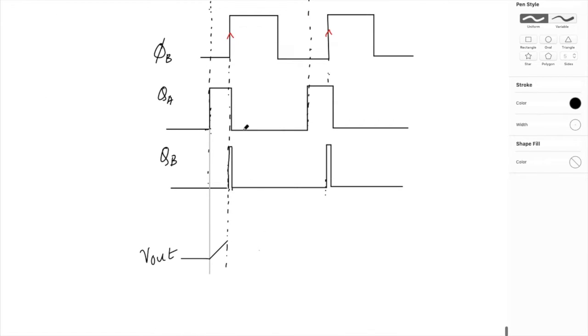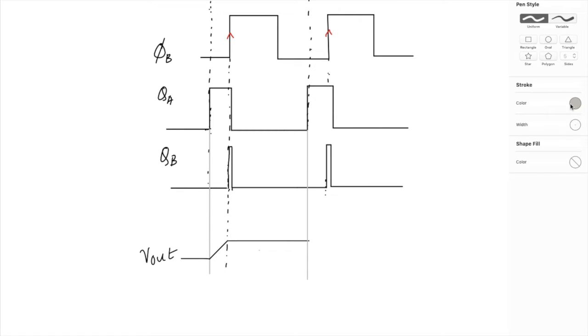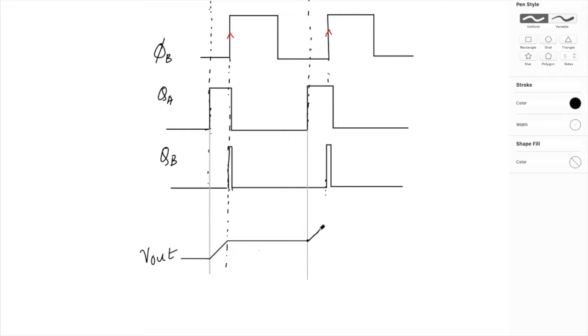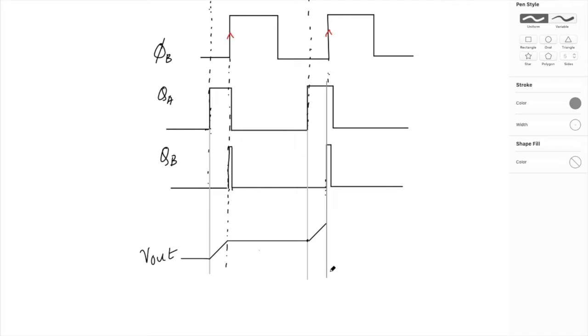Now once both of the switches are off, the charge is going to be maintained in the capacitor. Similarly, next time when QA is high again, my capacitor voltage is again going to increase till this point, when both of them are on.